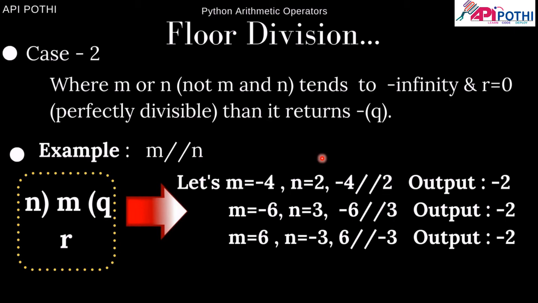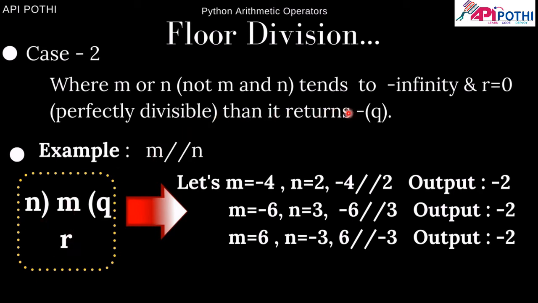Case number 2, where m or n, either one of them, tends to minus infinity, meaning either m or n is negative, and r equal to 0, meaning perfectly divisible. R will be 0 only when m is perfectly divisible by n.